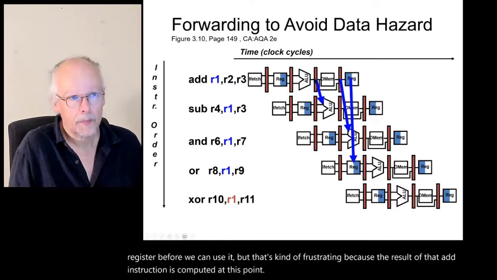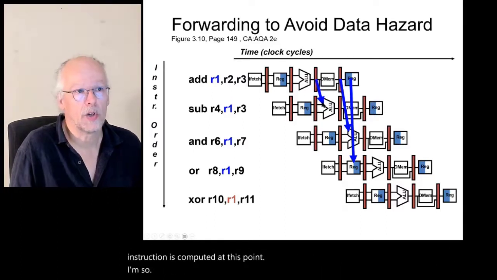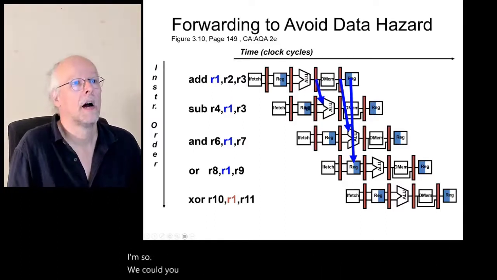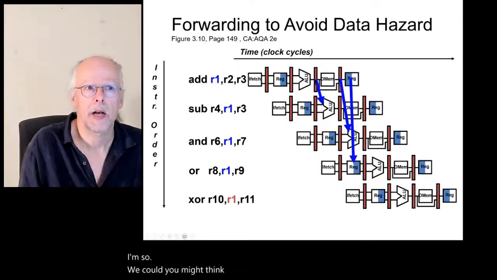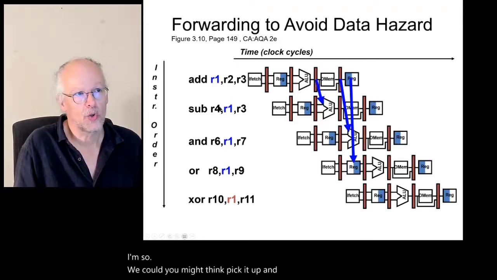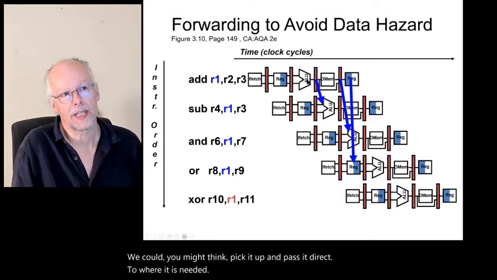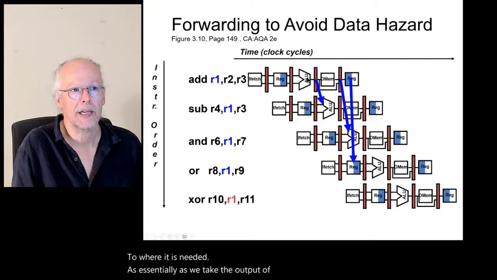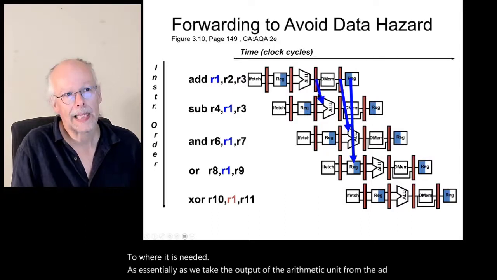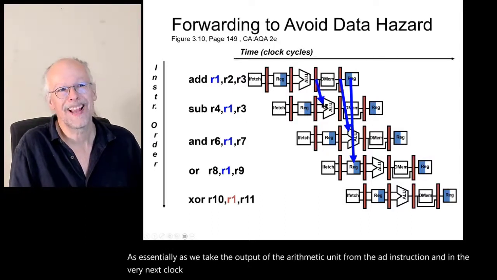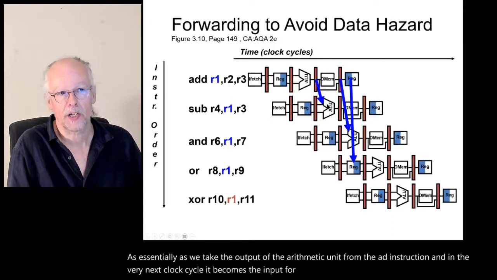And so we could, you might think, pick it up and pass it direct to where it is needed. Essentially we take the output of the arithmetic unit from the add instruction, and in the very next clock cycle, it becomes the input for the same arithmetic unit for the subtract instruction.